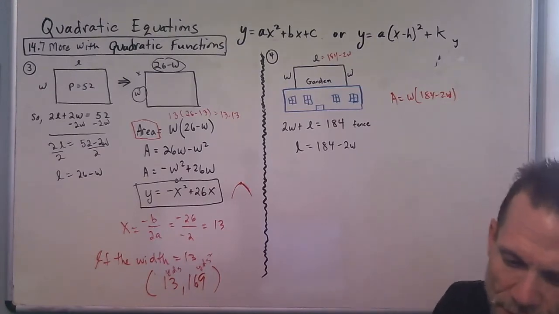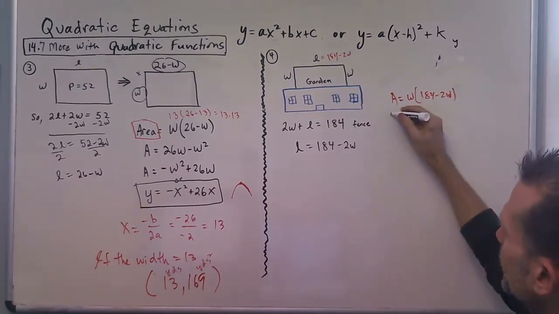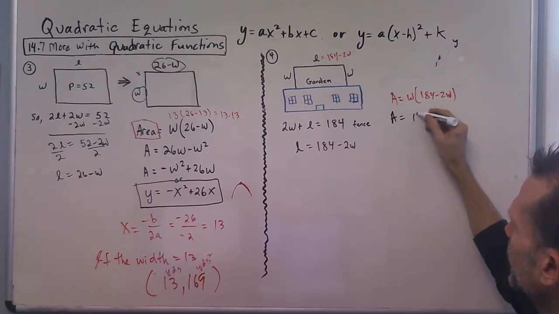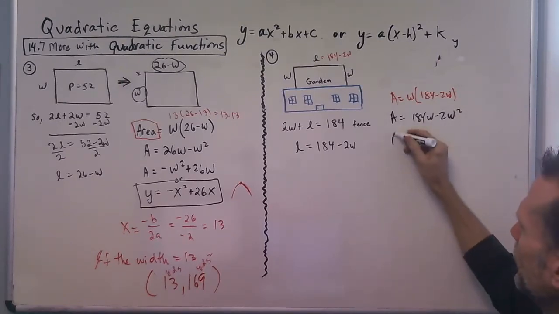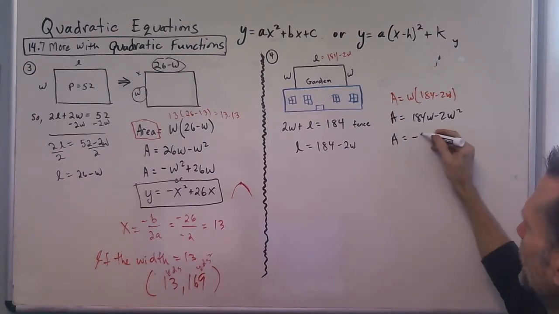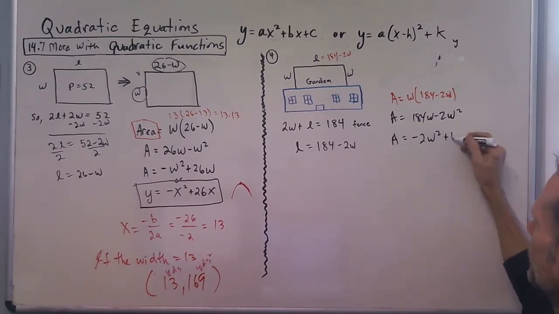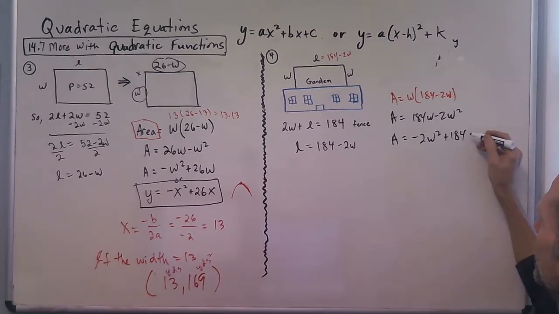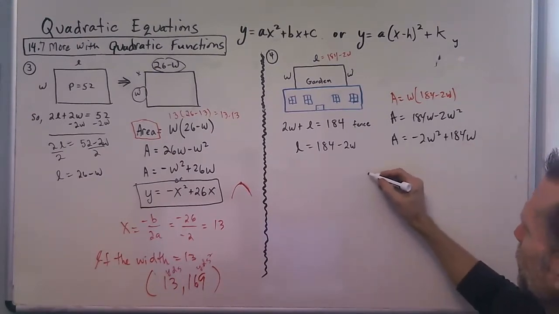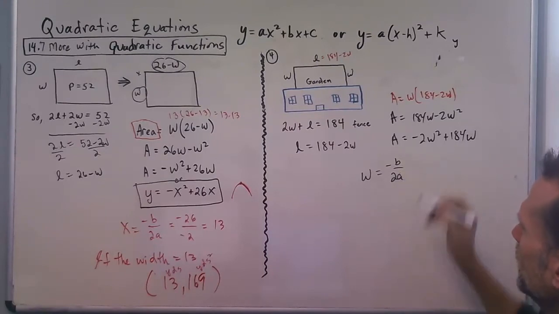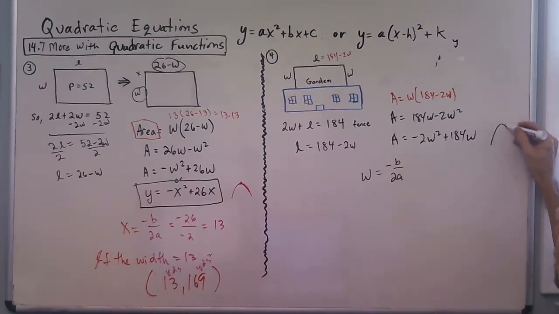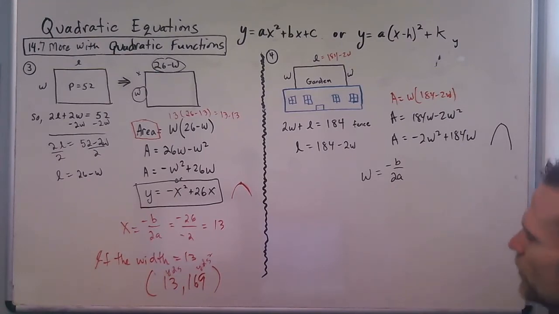Then I work on that a little and get area equals 184W minus 2W squared, so area equals negative 2W squared plus 184W. Then I'm going to do W is equal to negative B over 2A, because again, this is a parabola that opens down and I want to find the maximum.